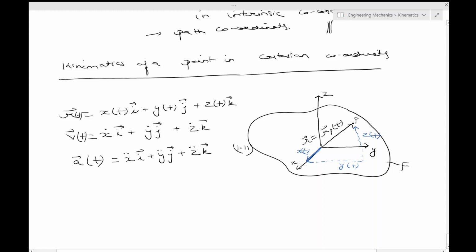So v is a vector which has 3 components along the x, y and z directions. So the component of the vector v along the x direction is x dot. Similarly, the component of the velocity along the y direction is y dot. The component of the velocity v along the z direction is z dot.